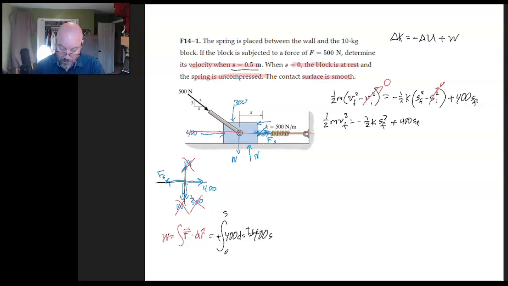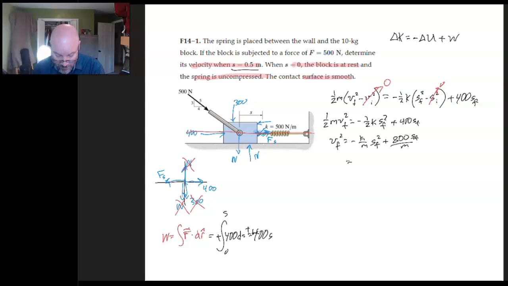I'm going to multiply through by 2 and divide through by m. So I'm going to end up with vf squared becomes minus k over m sf squared plus 800 sf over the mass.